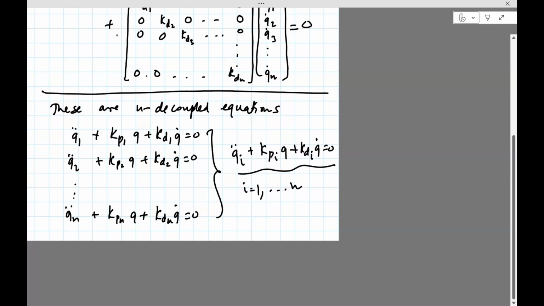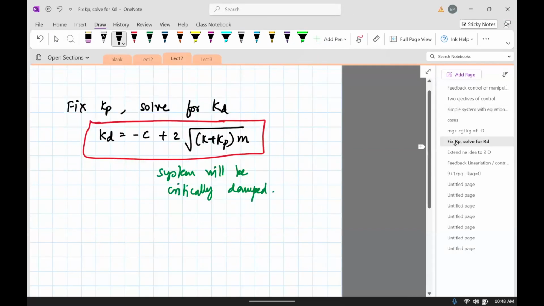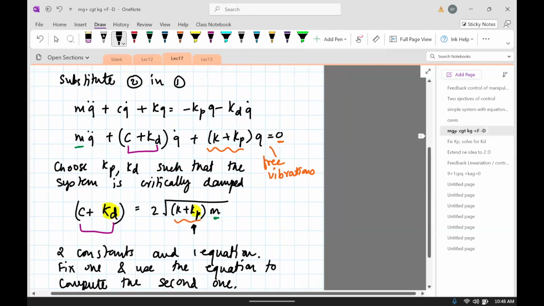So this is not exact, but it's very similar to the one-dimensional equation we talked about. The one-dimensional equation we talked about with the control, of course, is this.